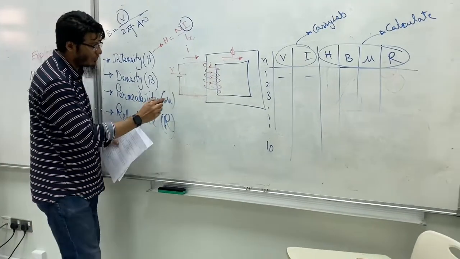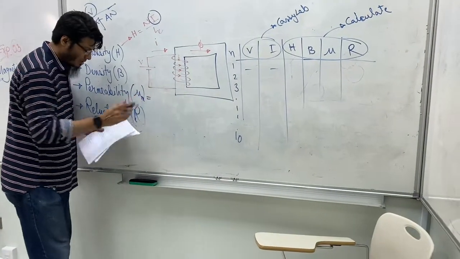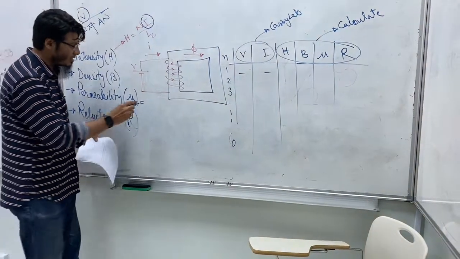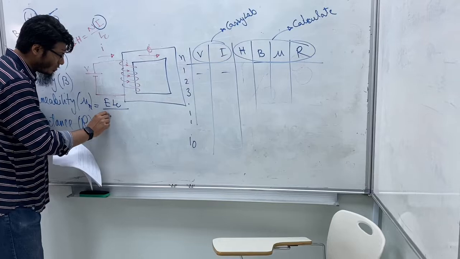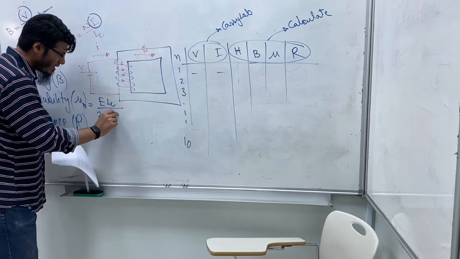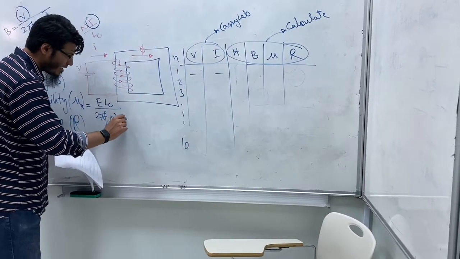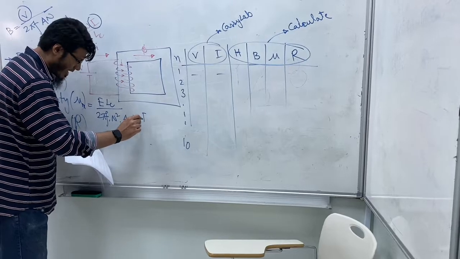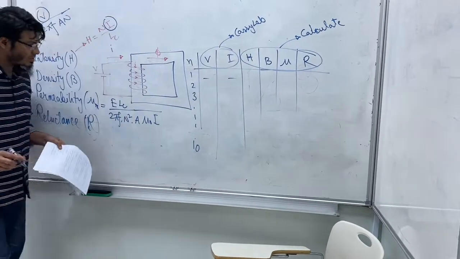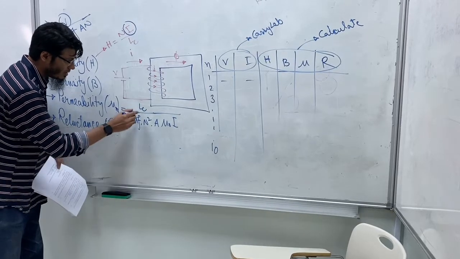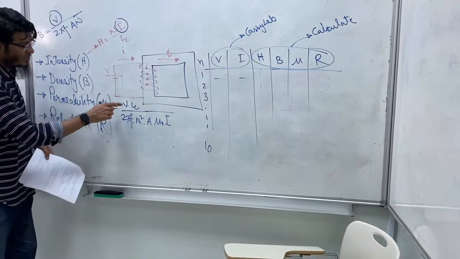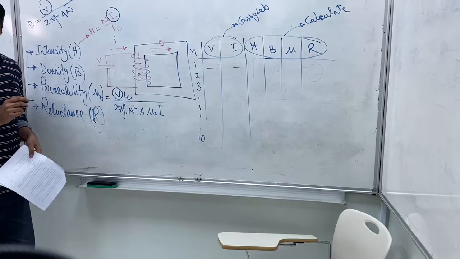Similarly, what is the formula for mu or the mu R? The formula for mu R is V Lc divided by 2 pi F N square A mu naught into I. Try to understand. This is not E, by the way. It's written here as E, but this should be V. This V is voltage from the Casilab.